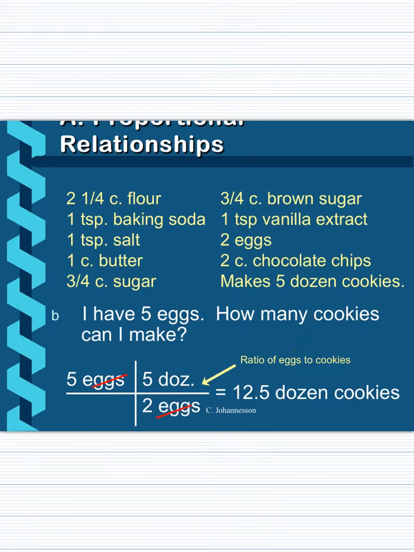In my first square, and remember, we're using the railroad tracks to guide us through the problem. And so in our first square, we always put the number that it gives you in the problem. And I start with 5 eggs, okay?